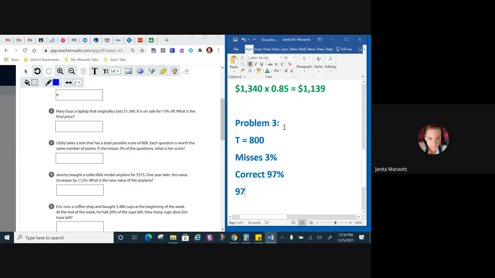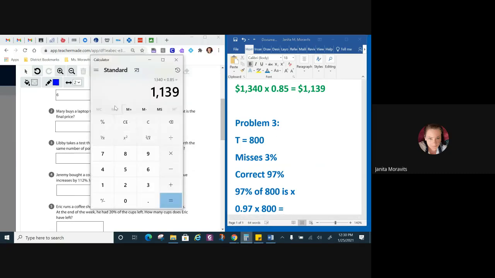So 97% of 800 is, and we don't know, so we're going to make that X. So we've got 0.97, remember, we moved our decimal 2 places to the left, times 800. And then is equals. So let's get our calculator. 0.97 times 800 is 776. So her score is 776.